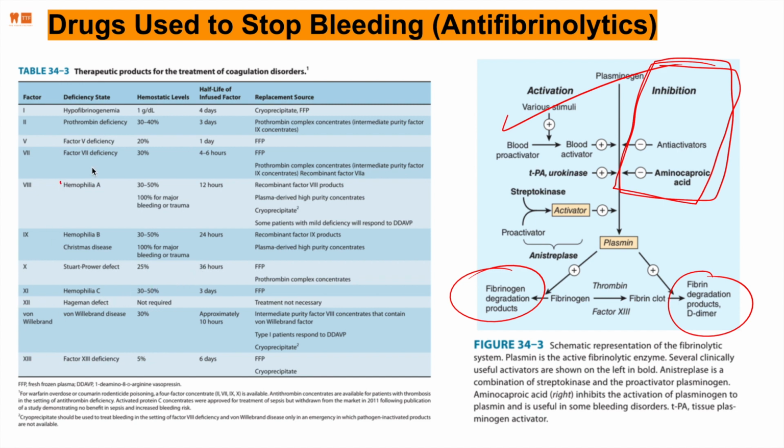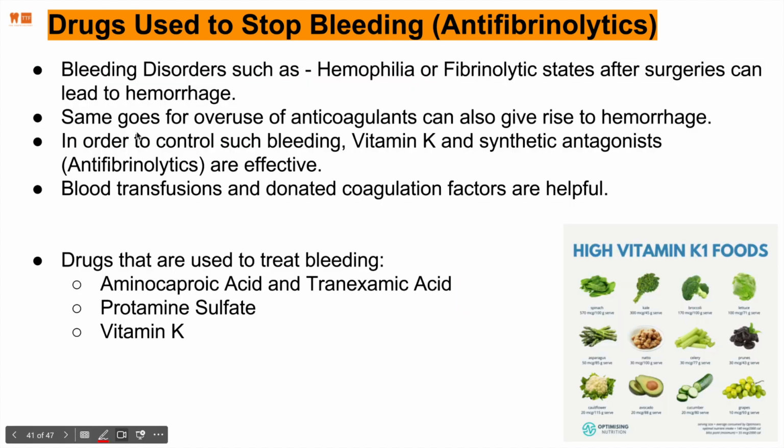Antifibrinolytic is used in hemophilia A, B, C, von Willebrand disease, factor 13 deficiency, then the factor 1 and 2 deficient, like all the factor deficiencies, we can use antifibrinolytic as an adjunct as well. Drugs used to stop bleeding, antifibrinolytics: bleeding disorders, hemophilia, fibrinolytic states after surgery, where the bleeding just won't stop.